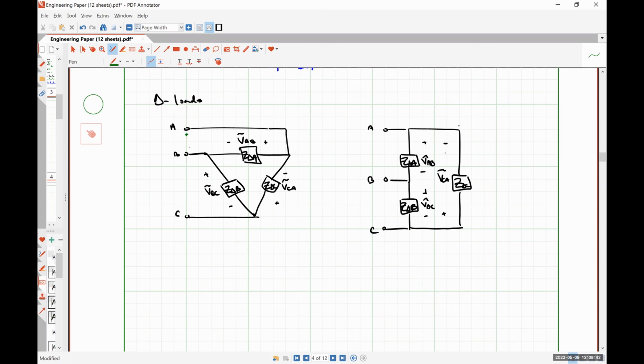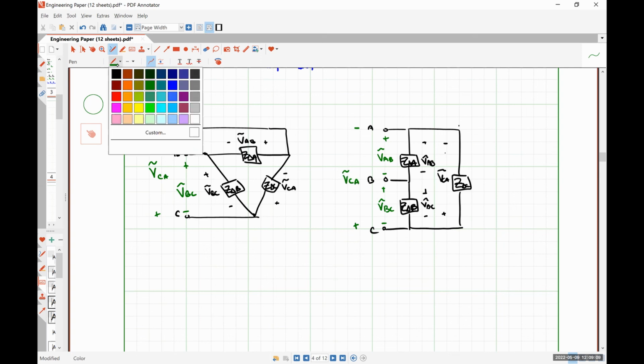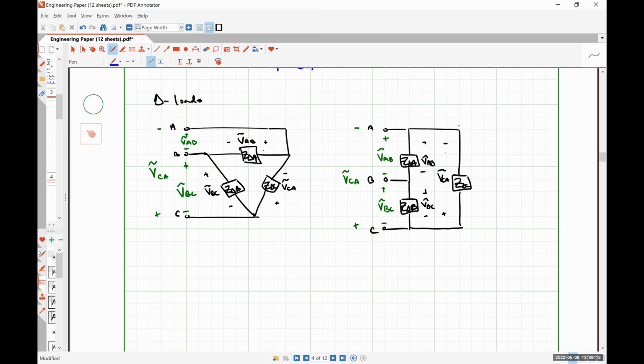Our line voltages are the same quantities. And lastly, our currents. Like so.